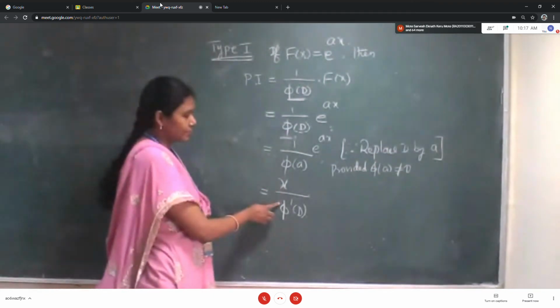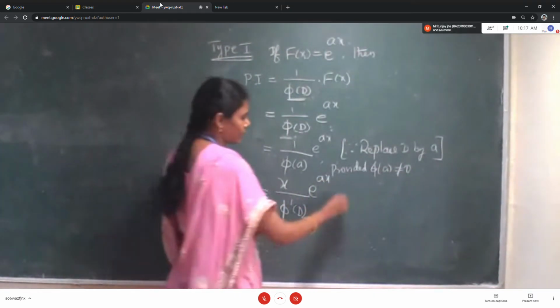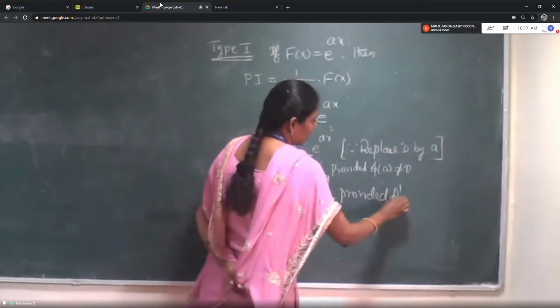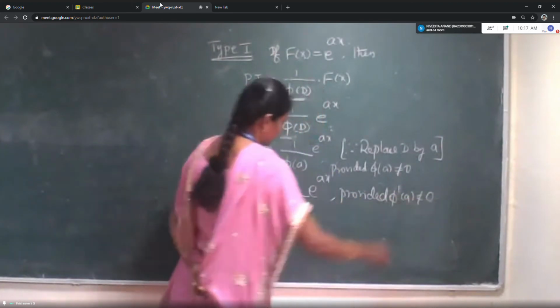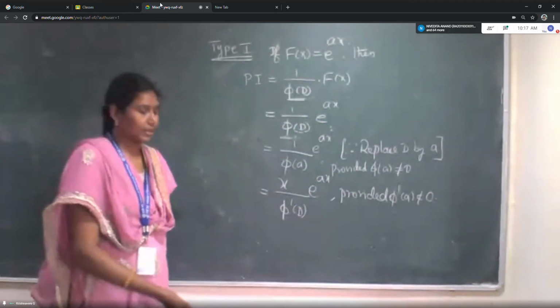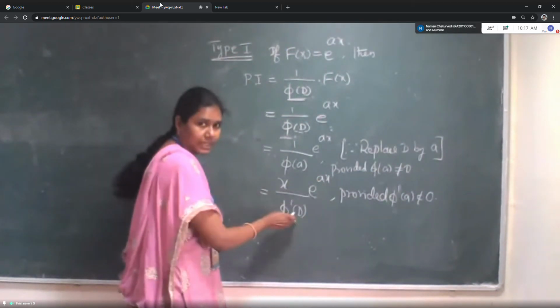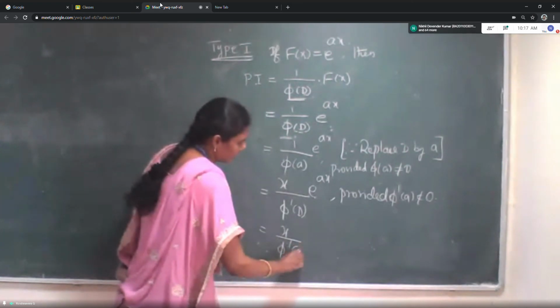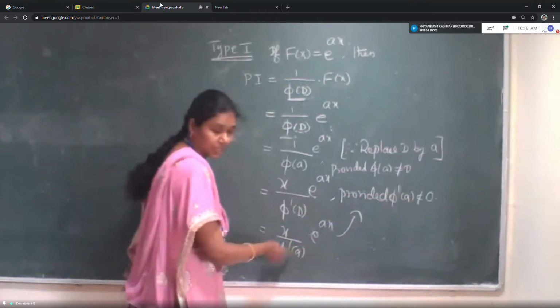So it is x by phi dash of D into e to the power ax, provided phi dash of a is not equal to 0. After differentiating this, once again you replace D by a, that is x by phi dash of a into e power ax, provided phi dash of a is not equal to 0.